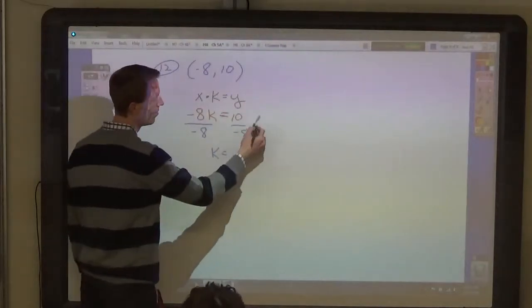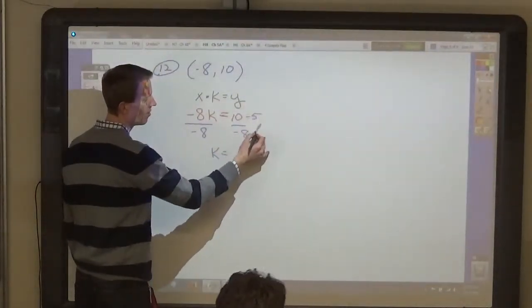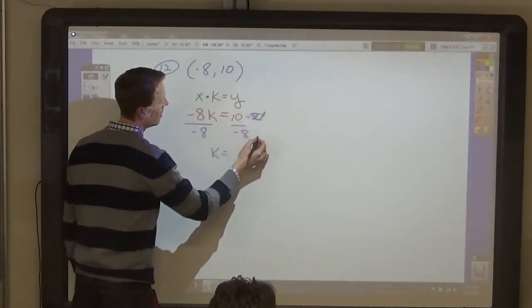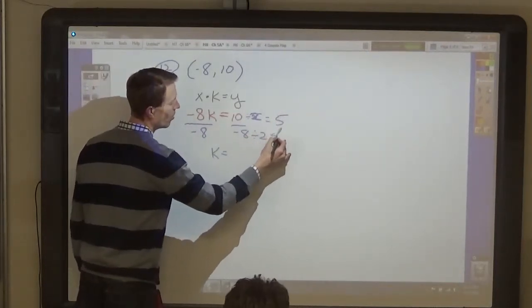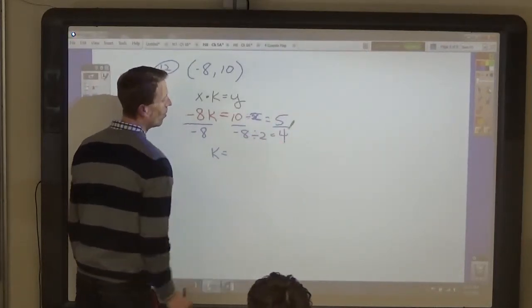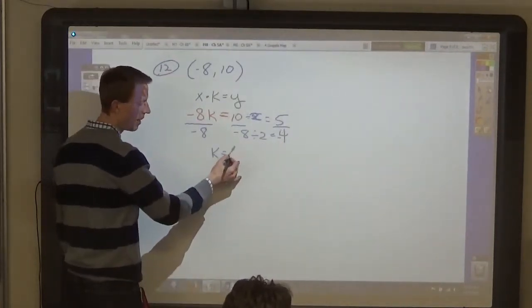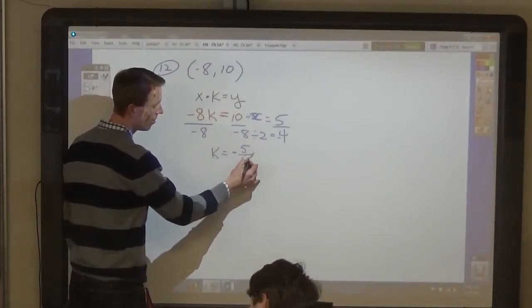Reduce it: divided by 2 equals 5, and divided by 2 equals -4. Sorry, -4. So k is -1.25.